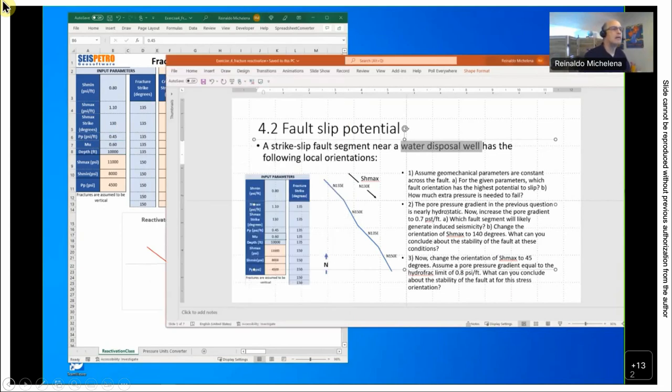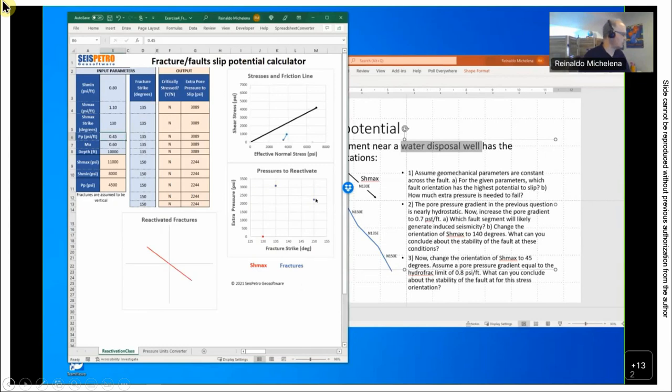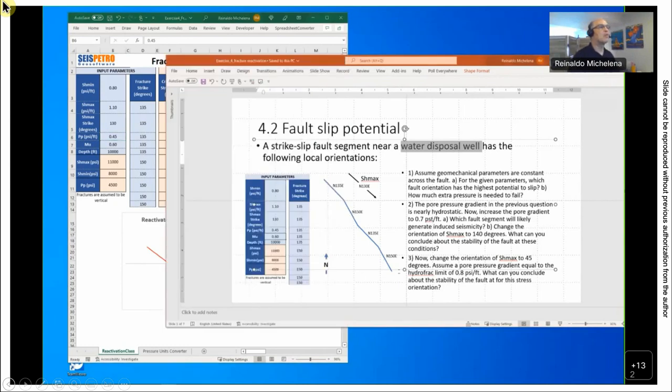Number one, assume the geomechanical parameters are constant across the fault. For the given parameters, which orientation has the highest potential to slip? We come here and see which one has the lowest number, and what we see is that the one that requires the least pressure is this one here at 150. So these portions of the fault at 150 will be more likely to reactivate.